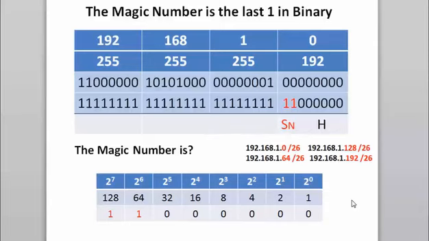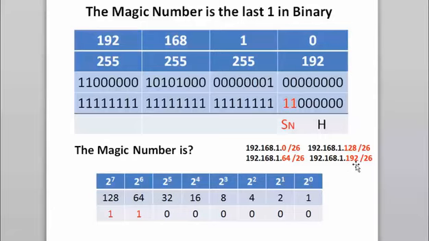So for instance, the first subnet is always 0, so 192.168.1.0/26. The next subnet is 64. 64 plus 64 is 128, and 128 plus 64 is 192. You can see how the subnets are going up by 64. There are only 4 subnets because we've borrowed 2 subnet bits.